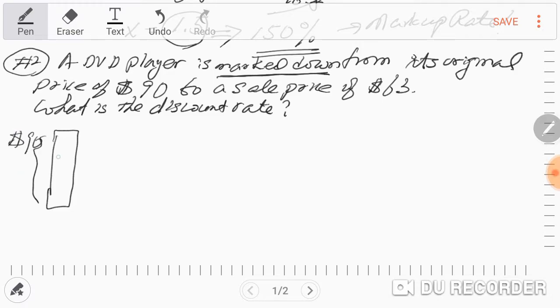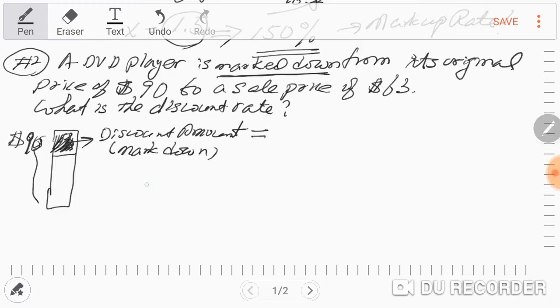Then from this original price, you will discount this amount. So this is the discount amount, which means markdown amount.